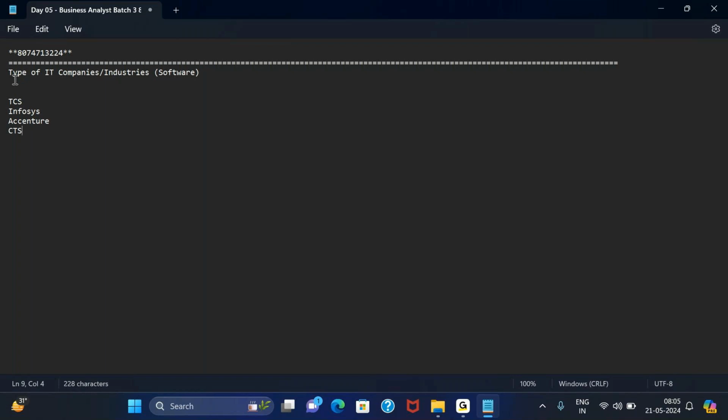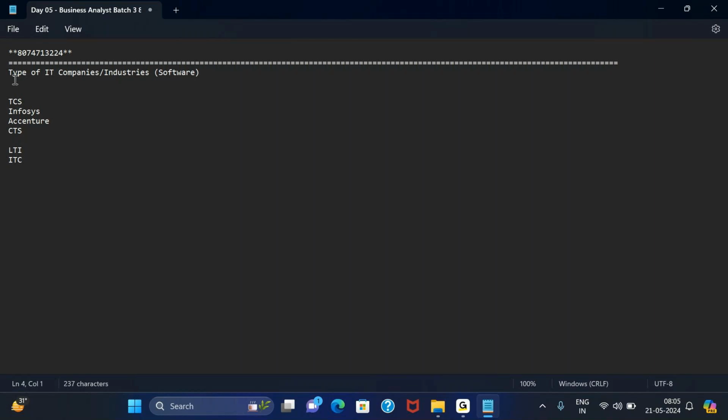Then there are some mid-size companies, for example L&T Infotech, ITC Infotech, Mindtree, Happiest Minds. Then there are small-size companies and startups. There are thousands of companies in India registered as IT companies.